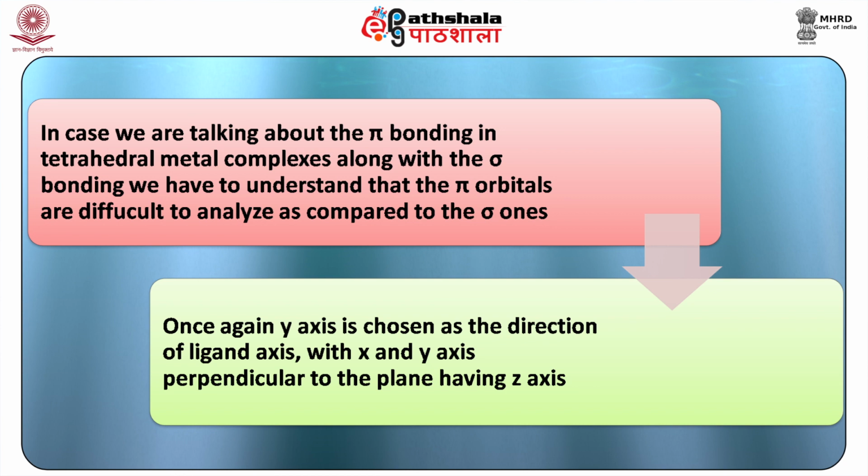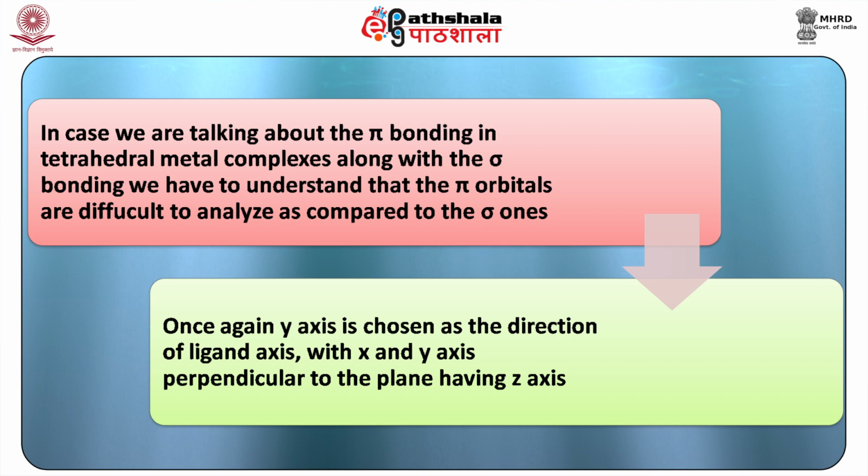In these cases, we are talking about the pi bonding in tetrahedral metal complexes along with the sigma bonding. In this case, we have to understand that the pi orbitals are difficult to analyze in comparison to the sigma ones. Once again, the y-axis is chosen as the direction of the ligand axis, with the x and z axes perpendicular to the plane.